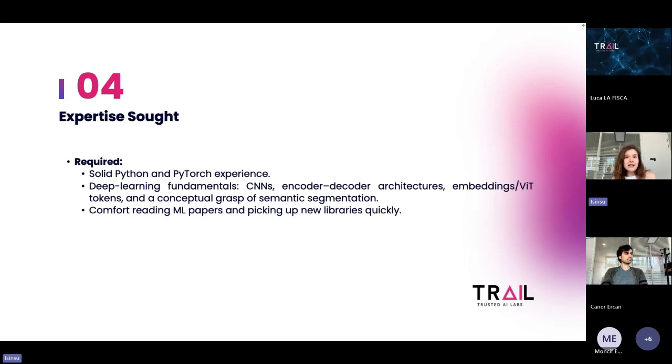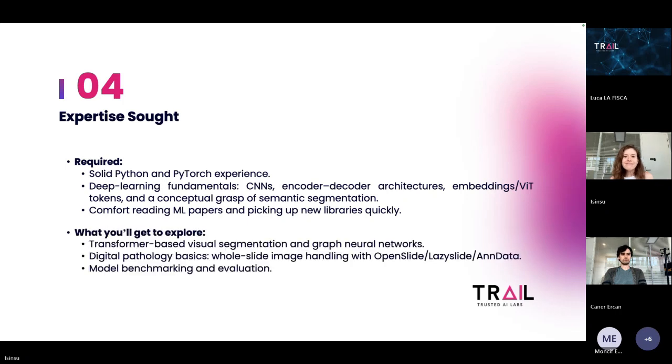And since this is a fast-moving field, we are looking for people who are ready to get their hands dirty and also try out libraries as they come. No prior pathology or biology experience is required, just curiosity, let's say.